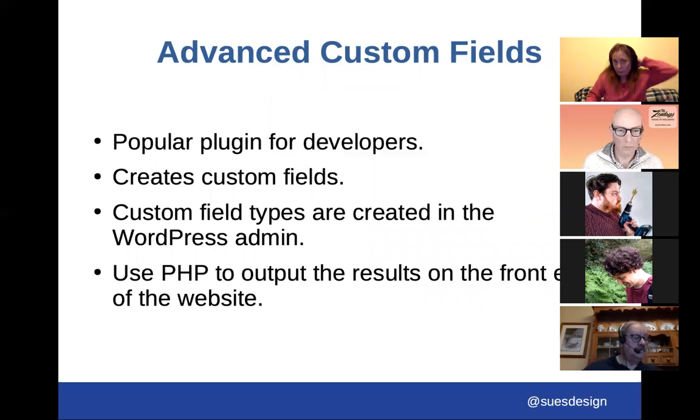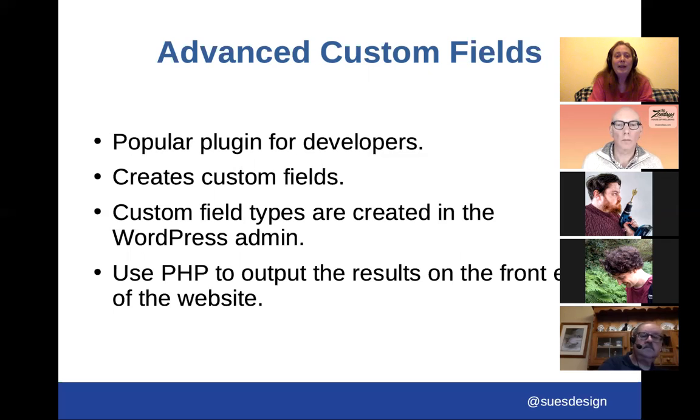If you want to use custom fields within the template files that you're using to output your custom post types, a good idea is to use Advanced Custom Fields, because it's a lot easier to use than trying to figure out custom fields in WordPress.